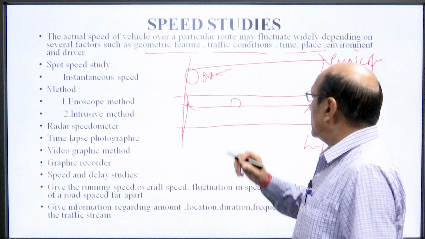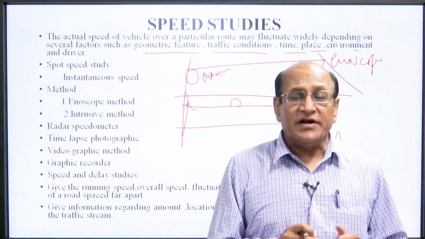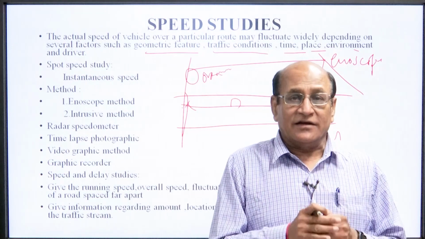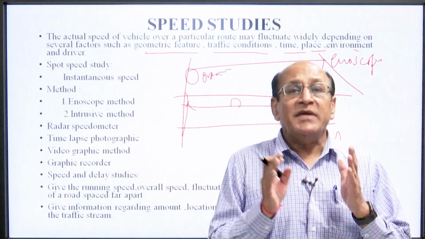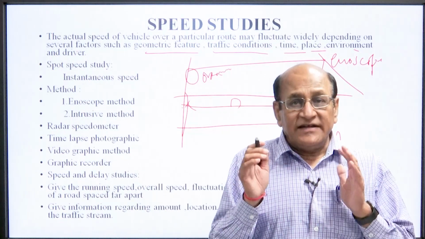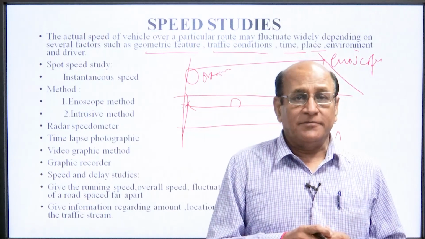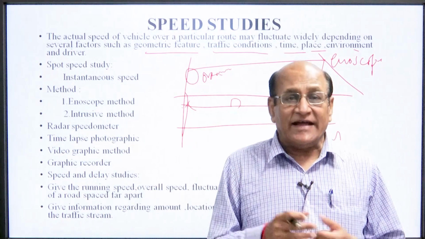This is the d. So, we can easily calculate the speed of the vehicle in this region, because the main constraint is that the distance between the enoscope and the observer should be minimum, so that we can assume this is the instantaneous speed.